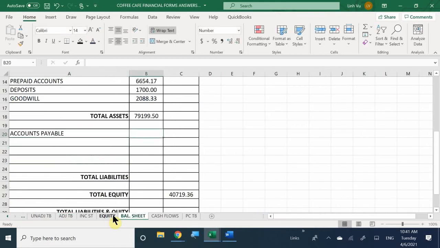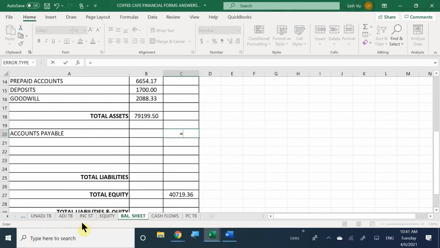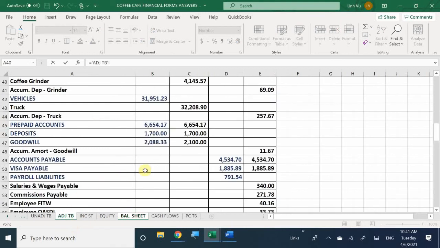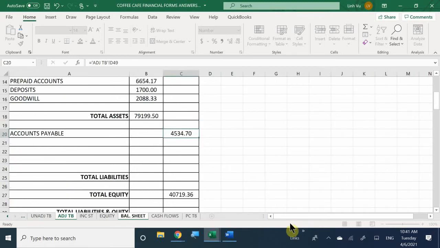Accounts payable, for the total amount of 4,534.